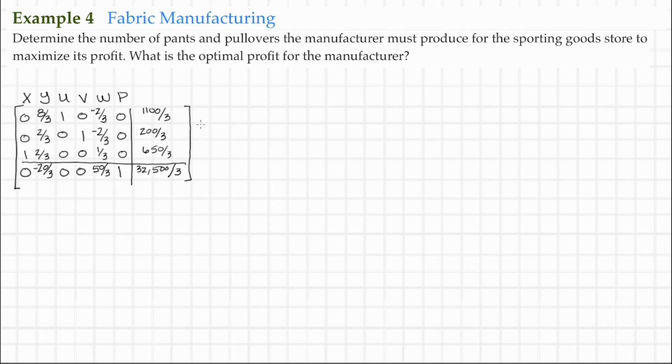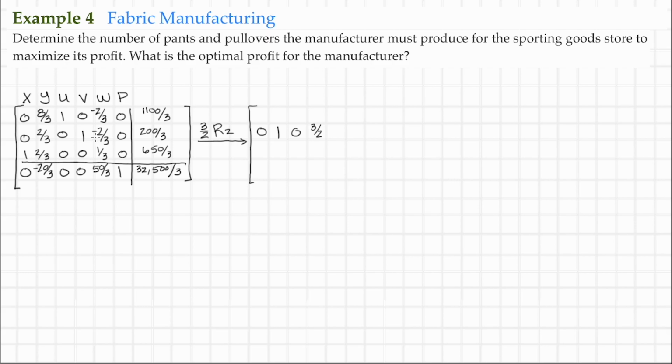So then we could take 3 halves of row 2, put in our bracket. 0 times 3 halves, that's 0. 2 thirds times 3 halves, there's our 1. 0 and 3 halves, that's 0. 1 times 3 halves, that's 3 halves.